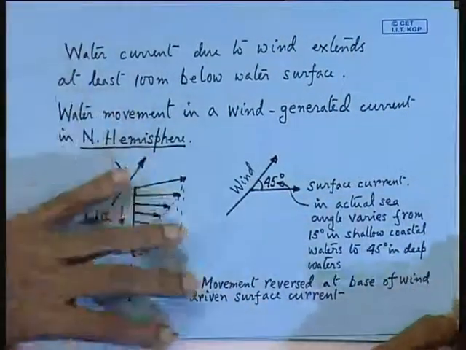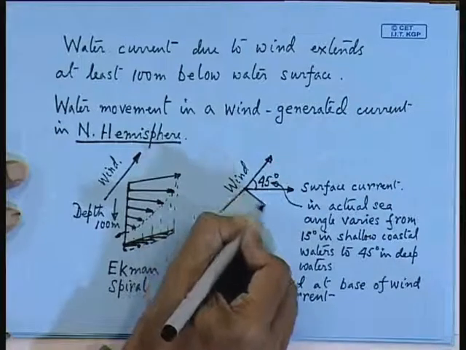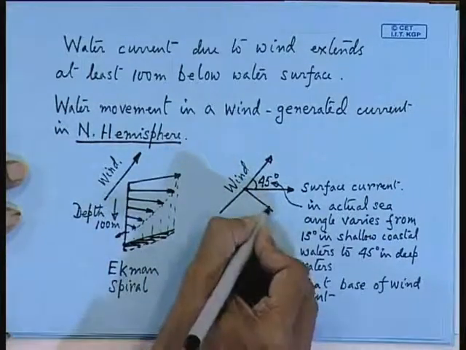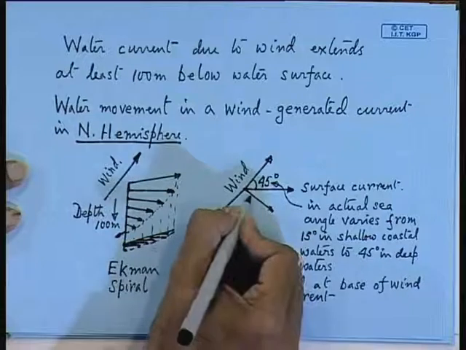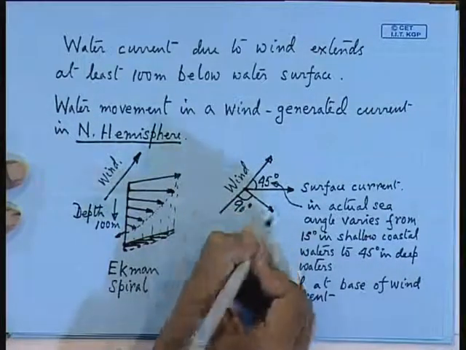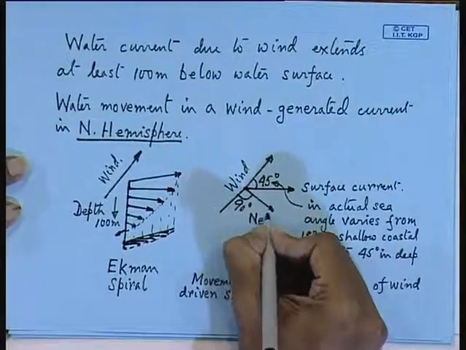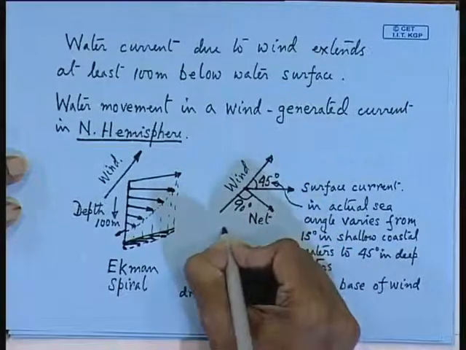So, this I have not written, you mark in this diagram. So, this will be 90 degrees. This is net water transport.